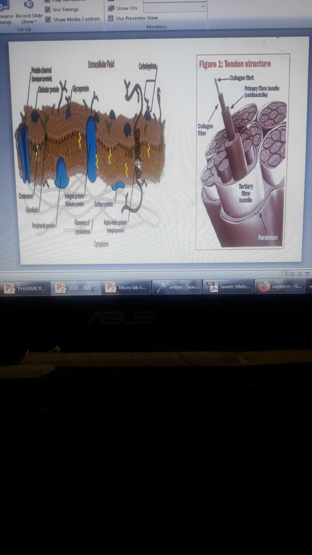Receptors also are found in this structure. And in tendons, for example, we have the muscle fibers there. So this is known to be an example of the fibrous proteins.